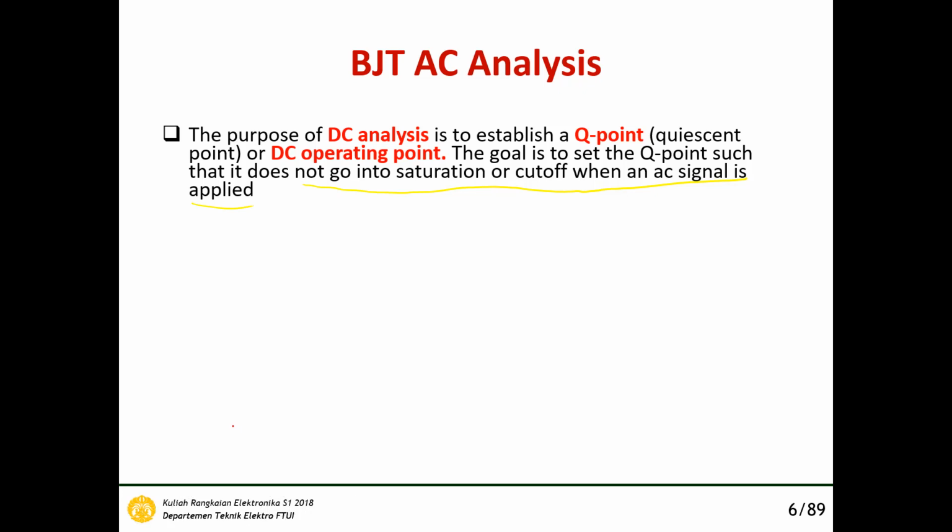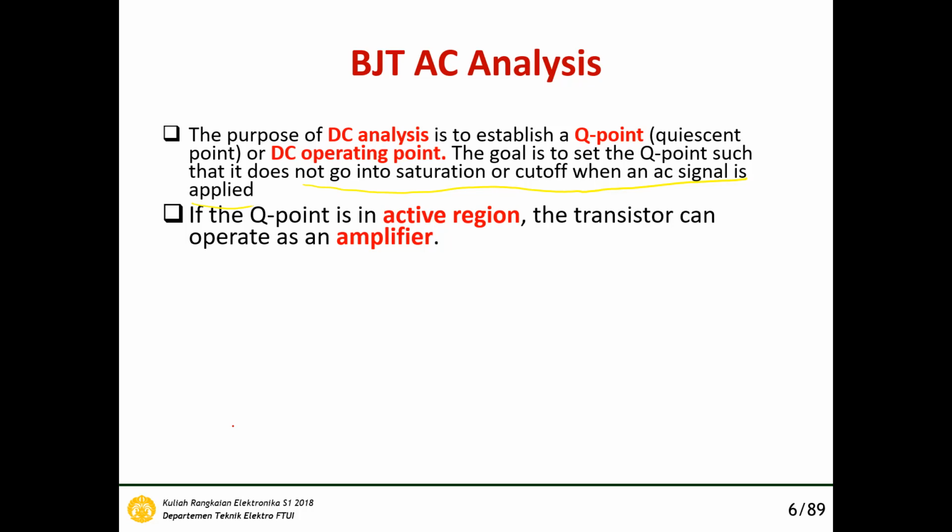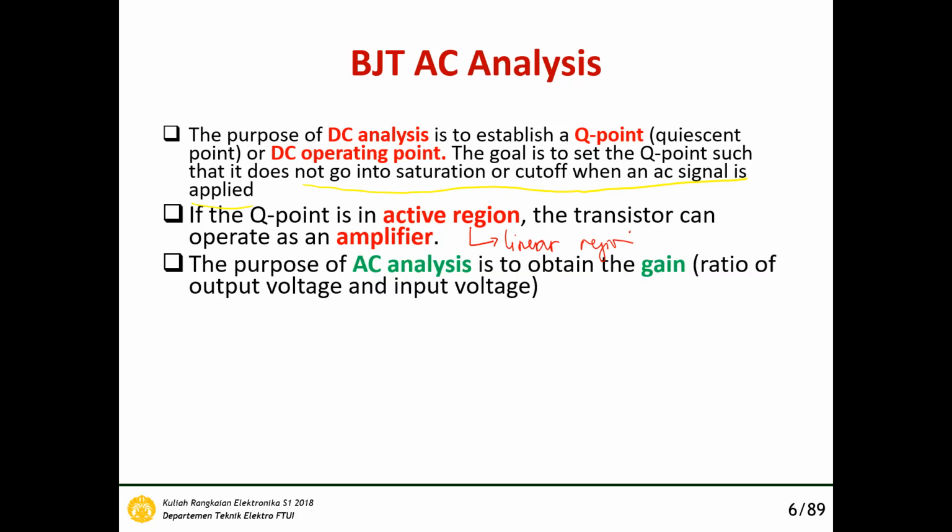So we have to carefully select the Q-point in the linear region. Saturation and cutoff are useful for a switch, but not for an amplifier. If the Q-point is in the active region, or linear region, the transistor can operate as an amplifier.